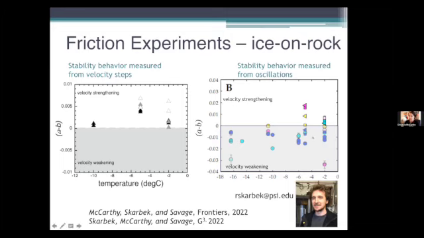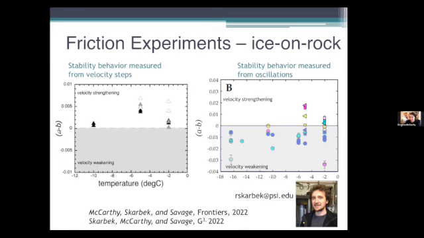Second, and far more importantly, in doing it this way he's seeing a lot of velocity weakening behavior. The take home for me is that perhaps our methodology of looking at velocity steps may not be so accurate for describing a very dynamic system, a system that's perhaps being modulated periodically.